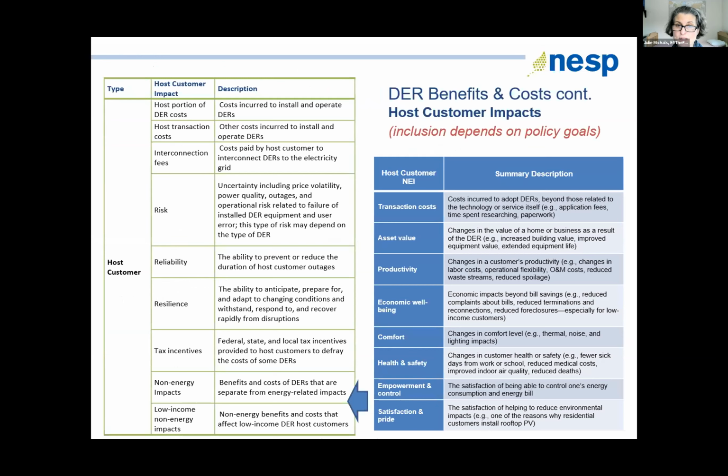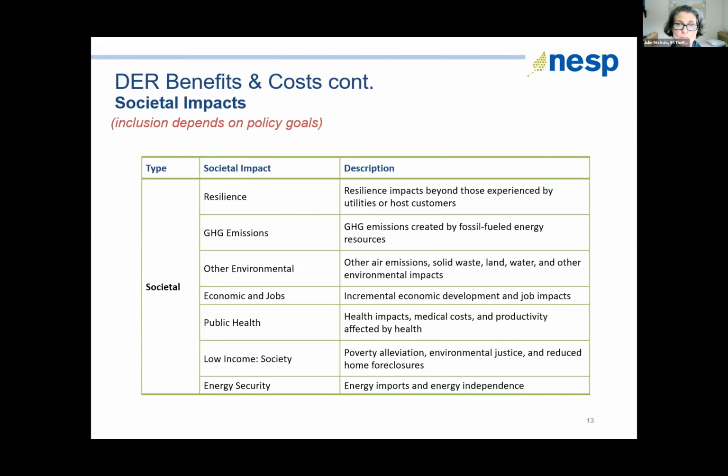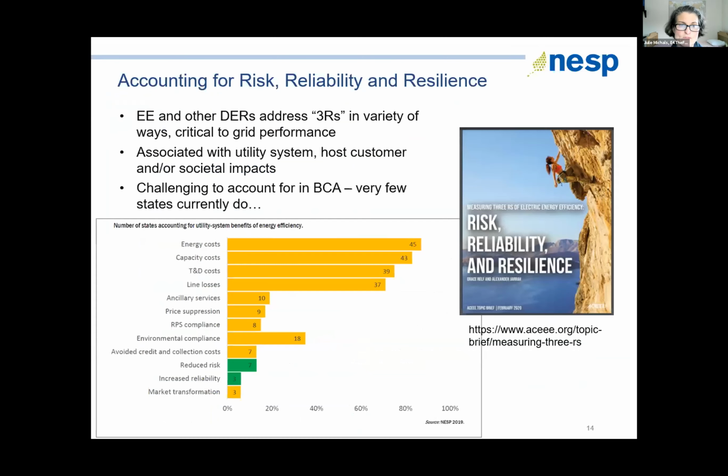And then I mentioned host customer impacts. These are again examples of the range of impacts that may or may not apply in your jurisdiction, depending on your policies, in the case of host customer impacts, as well as societal impacts. So these are just tables largely taken from those chapters, and a lot more information is provided with that.